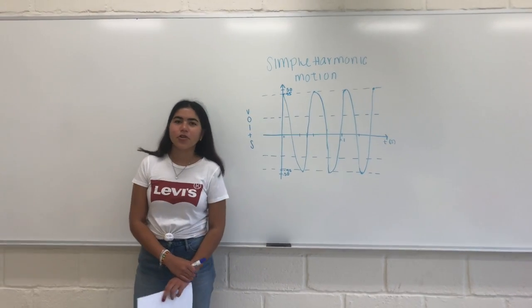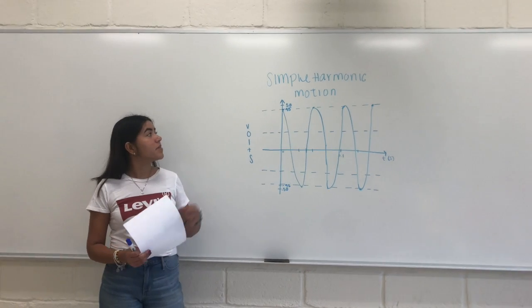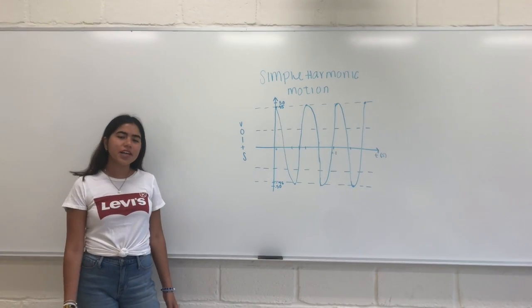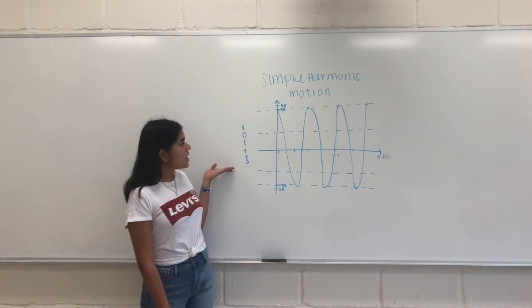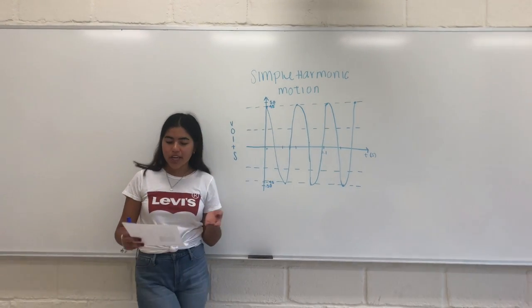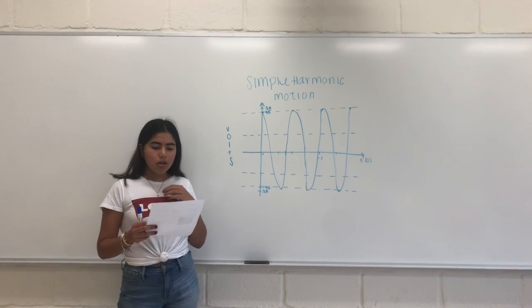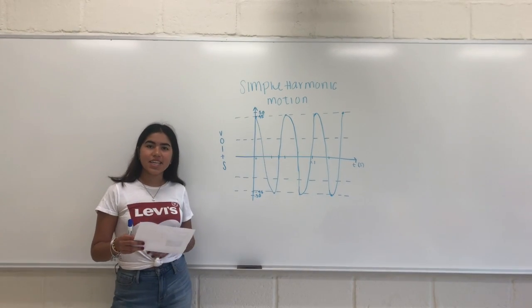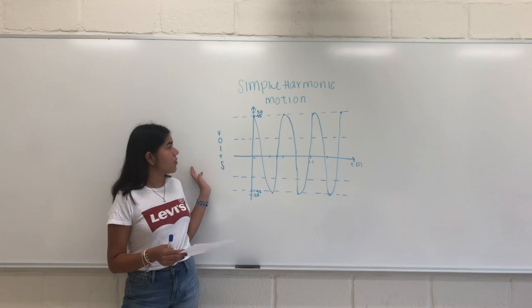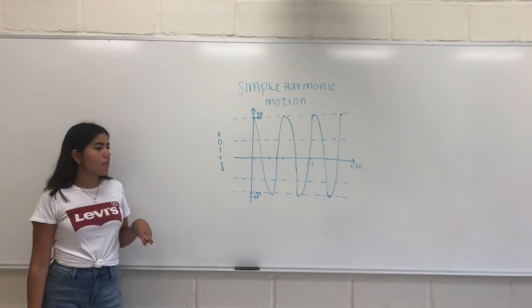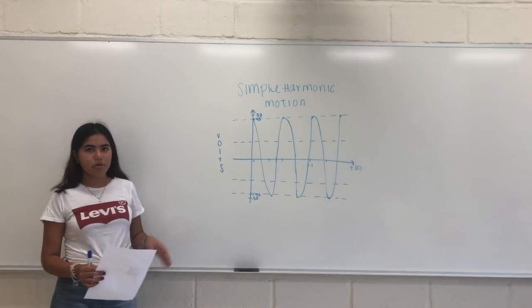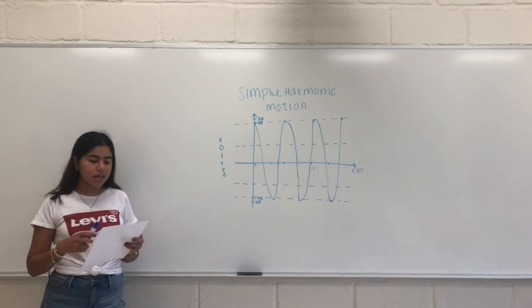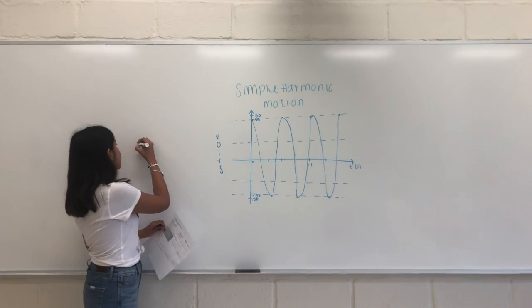Now I'm going to show you how to apply the knowledge of simple harmonic motion in real life. For example, this graph is showing an oscilloscope of the variation in the voltage of an AC generator. We have three questions about this. The first one is to find the maximum voltage.